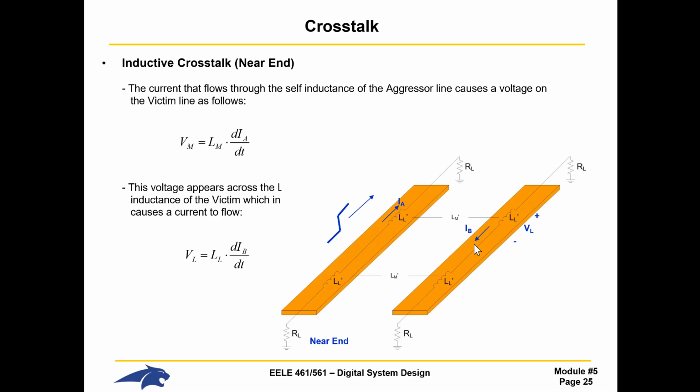And it is now inducing voltage across the line inductance of the victim. So the coupling that gets the energy over into here uses this equation: Vm is equal to Lm di dt. So it's the current here that induces a mutual voltage over here. But then once it's over here, the voltage that's created actually generates this IB that flows back down here.